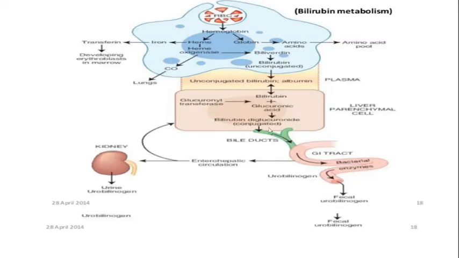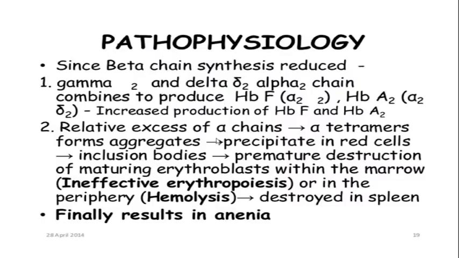Pathophysiology: it's a very important diagram to show you what happens when there is an insufficiency of beta chains. There will be an excess of alpha chains, and they will form tetramers, which form aggregates and precipitate in the RBCs, forming inclusion bodies. That will lead to premature destruction of these maturing erythroblasts within the marrow, and that will lead to ineffective erythropoiesis.